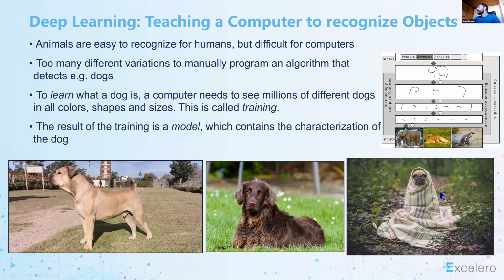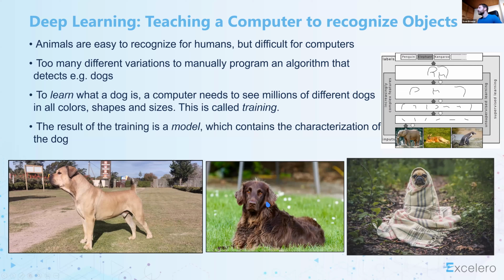Let's start with a general, very brief description of what deep learning means. I assume many of you already know this, but to make sure that we're all on the same page. Deep learning is typically about teaching a computer to recognize certain objects that can be images or spoken language or other things as well. Let's assume in this example, we want to teach the computer to recognize animals. That's very easy to do for a human.